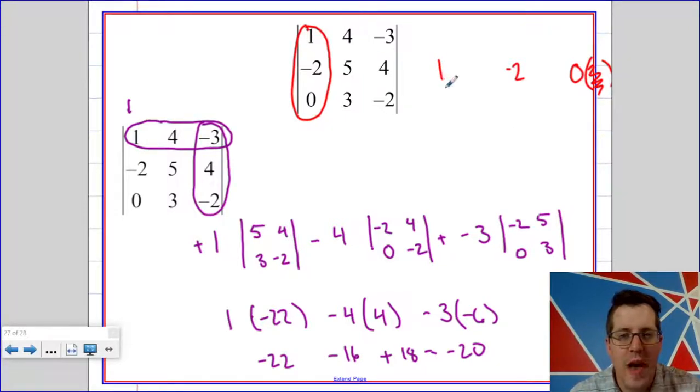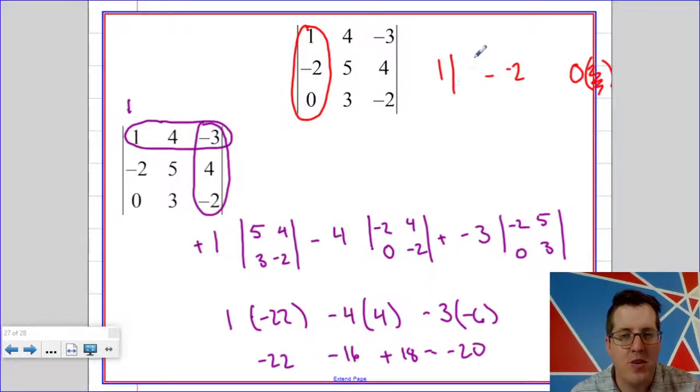I'm going to add the first row, first column, that's even, so 2. The second row, first column is 3, so I am going to subtract that.